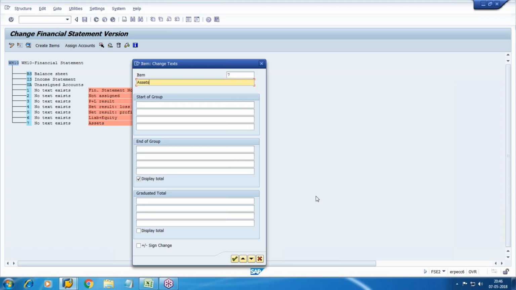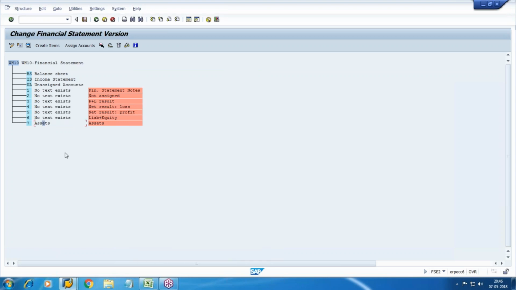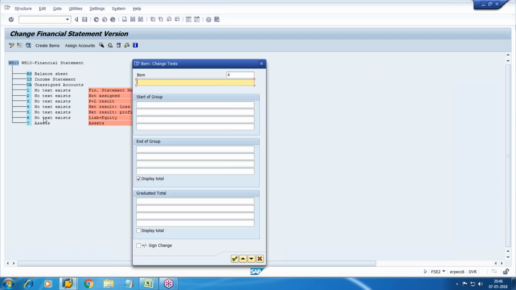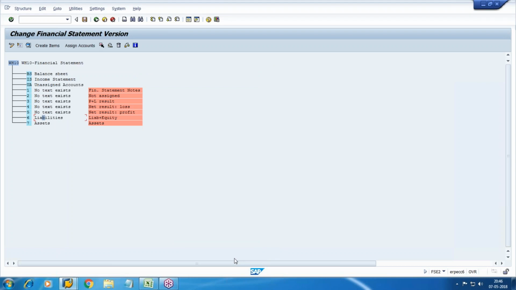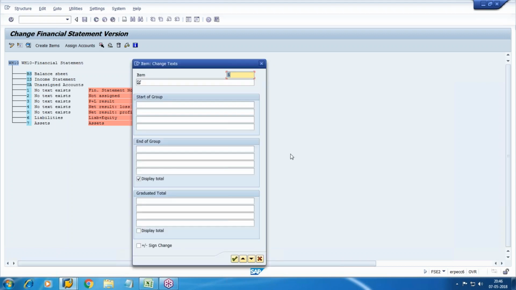Assets, liabilities, this one take with profit, right? So net profit, transferred to capital.